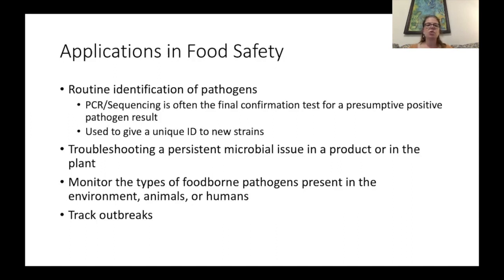We certainly use sequencing very widely to monitor all types of foodborne pathogens, whether that's in the environment, in animals, or in humans, or in foods. And we use it in outbreak investigation a lot.